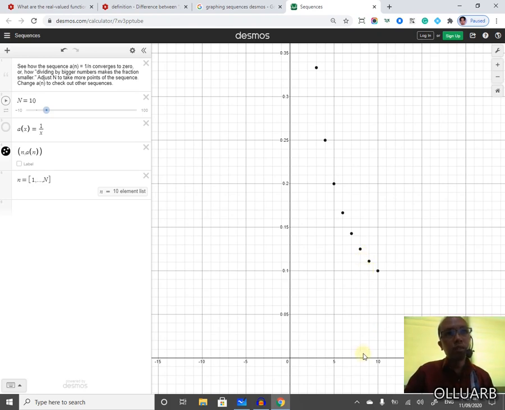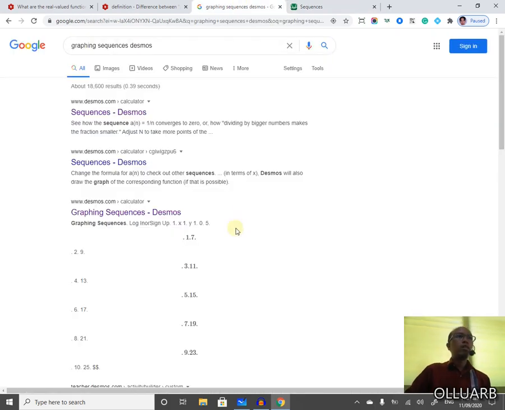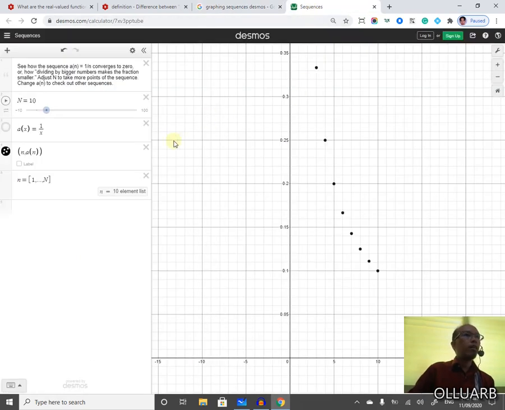This is because we did not include these points between 7 and 8. The same is true for 5 and 6, for 6 and 7, and so on and so forth. That is the reason why there is a gap here.